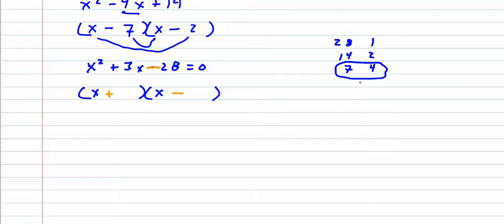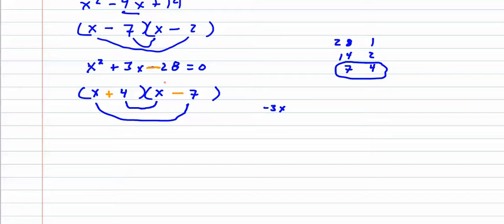Doesn't always work that way, but more often than not it does. So I'm going to go with 7 here and a 4 here. Don't do this in pen because it's wrong. We have positive 4x and a negative 7x add up to be negative 3x. I want a positive 3x.